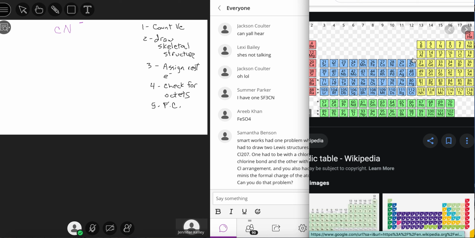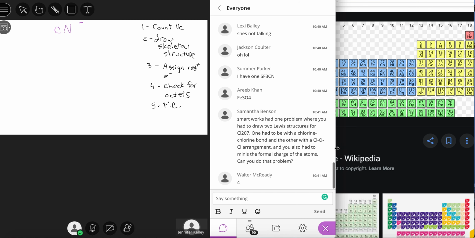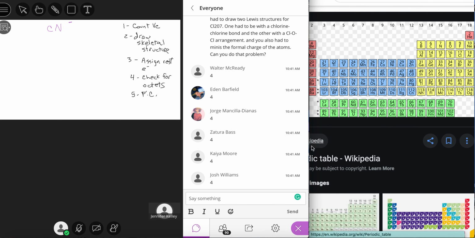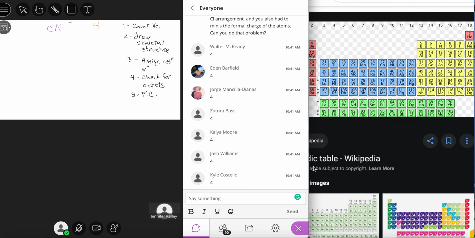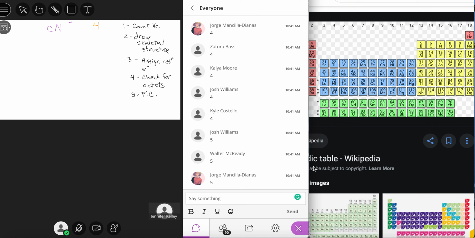So how many valence electrons does carbon have? 4. All right, and how many valence does nitrogen have? 5. And since it's a negative charge, do we add or subtract? Add 1. So that's a total of 10 electrons.